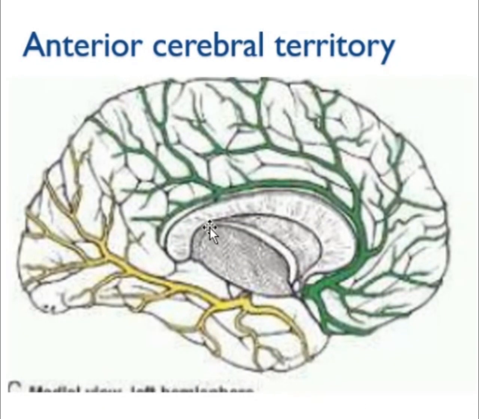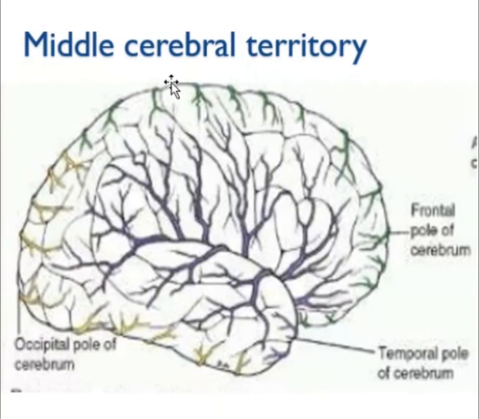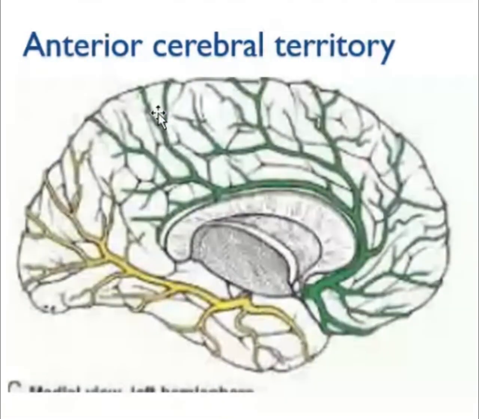What about the lateral aspect? Now, this anterior cerebral artery is going to send branches to supply a narrow strip on the lateral aspect of the hemisphere. Let us see. These branches you see there are going to supply a narrow strip on the lateral aspect of the hemisphere.